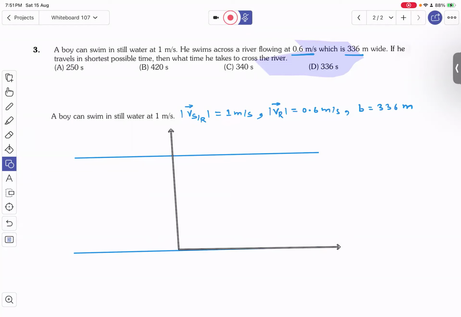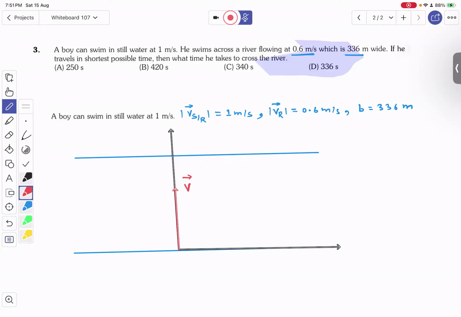So in that case, the velocity of the swimmer with respect to the river must be at an angle of 90 degrees with VR always.